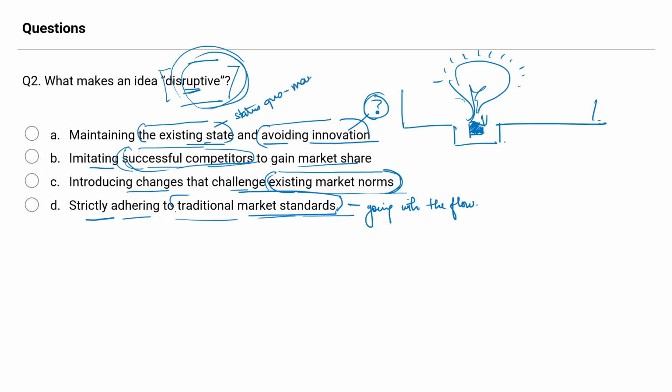You are maintaining the status quo and trying to avoid innovation. So obviously, this won't be the correct answer, because we are trying to adopt innovation. We want to be disruptive. We don't want to avoid it. Why would you avoid innovation?